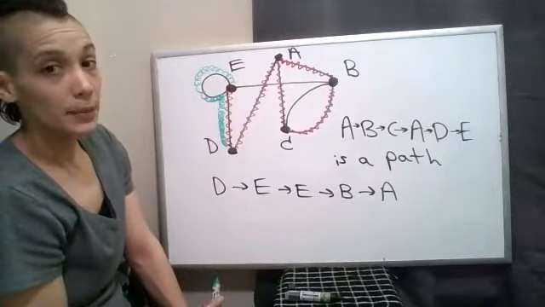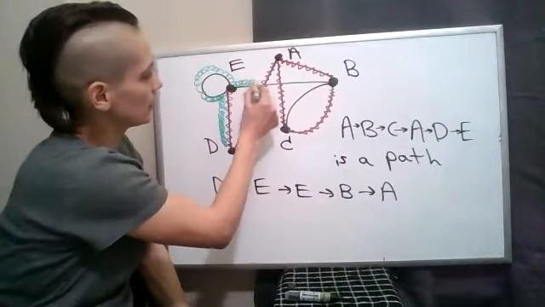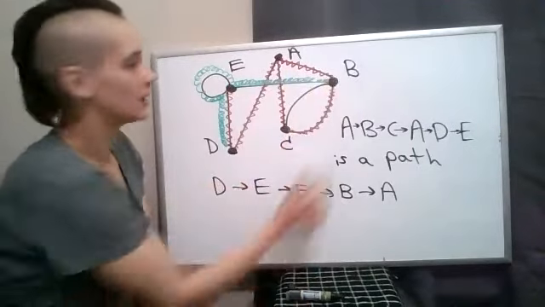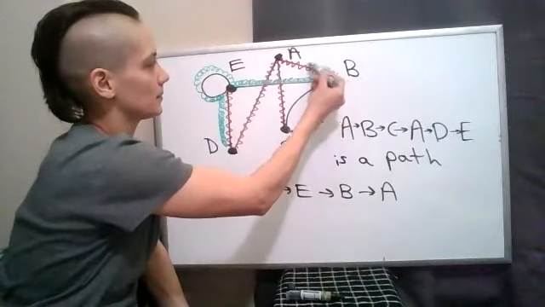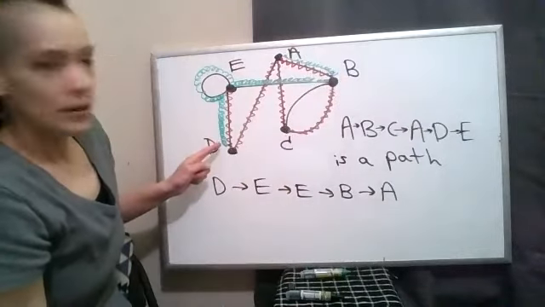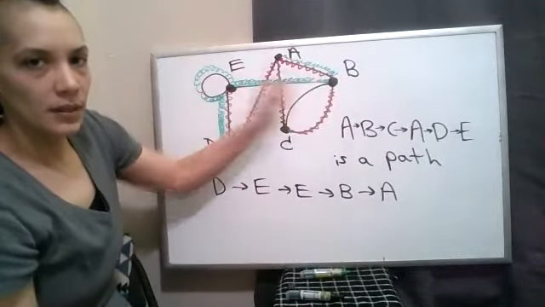Go from E to B. B to A, and stop. So I use every edge one time, and it's a path.